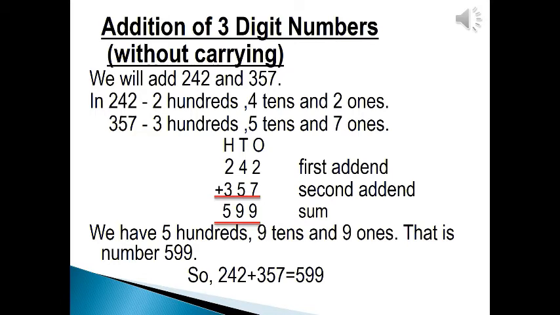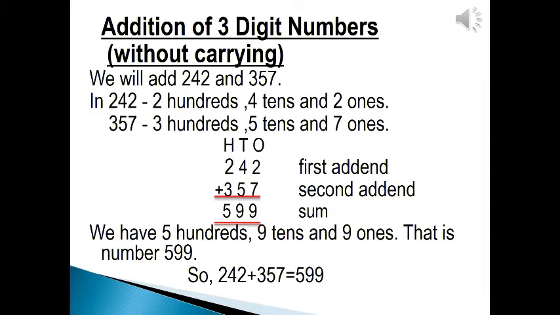Now, always we add the numbers from right to left. So, we will add ones column first. 2 plus 7 is equal to 9. 4 plus 5 is equal to 9. Now hundred column. 2 plus 3 is equal to 5.